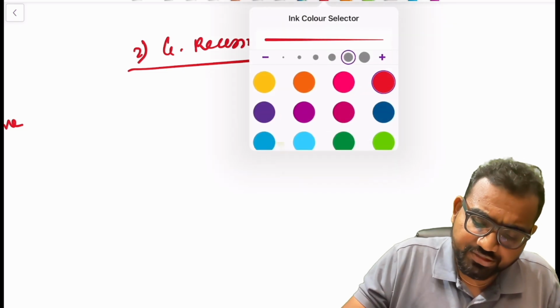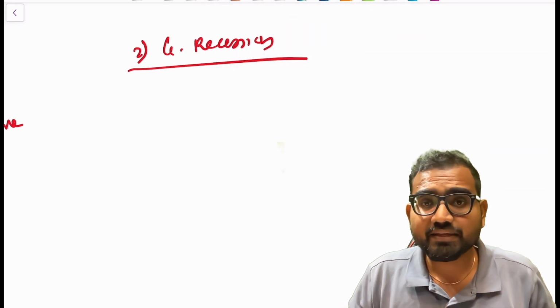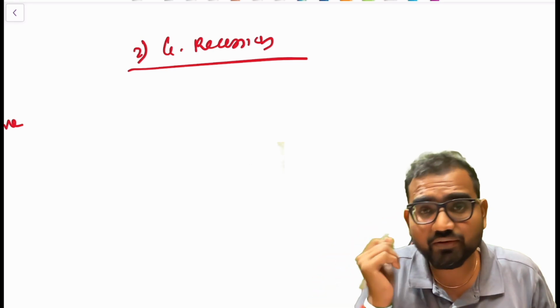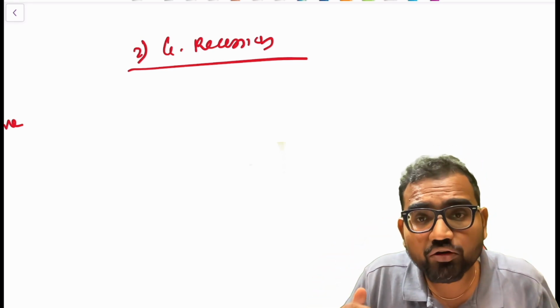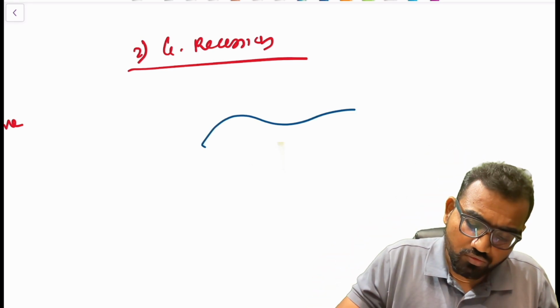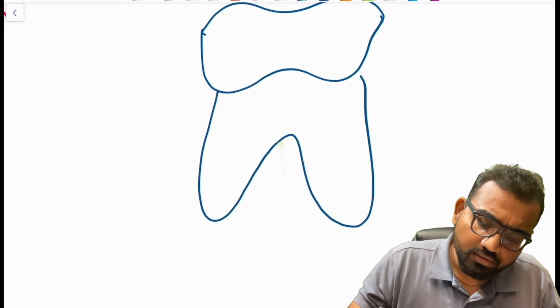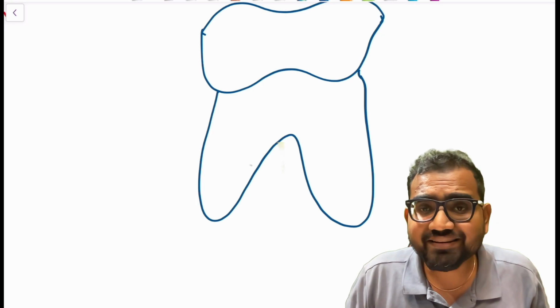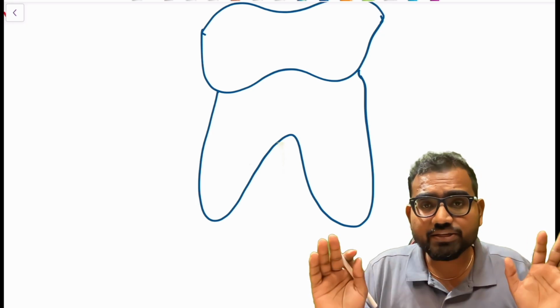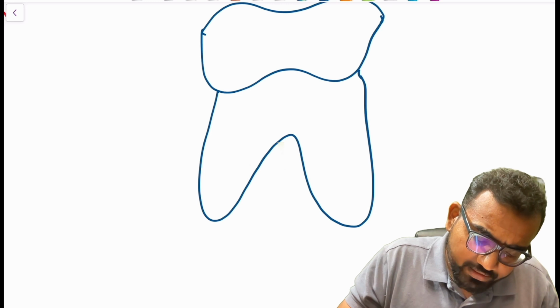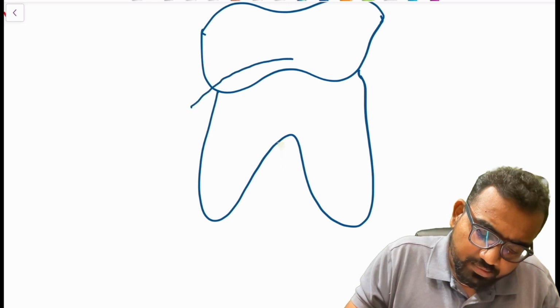What is gingival recession? Gingival recession is the apical migration of the gingival margin below the level of CEJ. So, see, it doesn't have any relation with the width of attached gingiva. Okay. So normally the marginal gingiva will be like this.